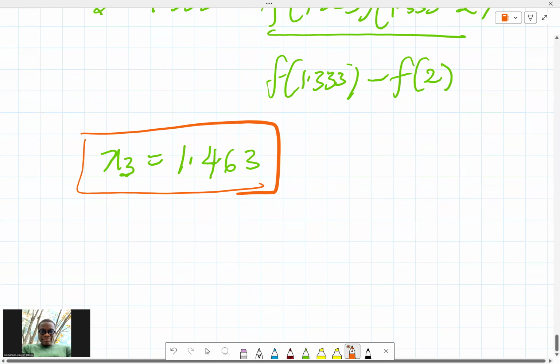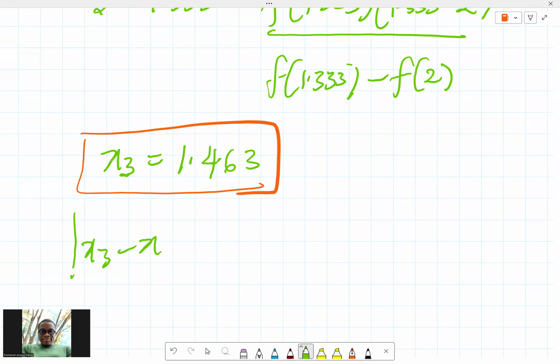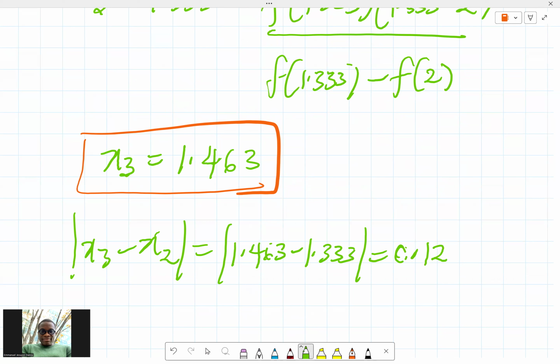But we have to check, is this result good enough? So we go for the absolute value of x3 minus x2, that is the absolute value of 1.463 minus 1.333. That is roughly 0.1294.